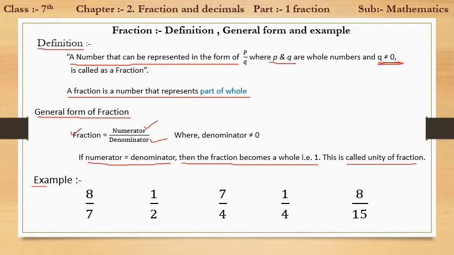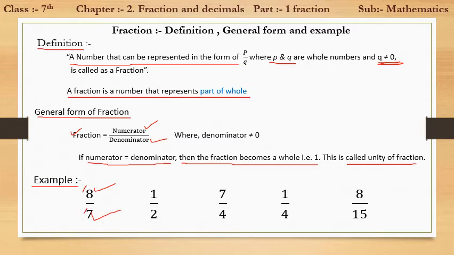Some examples of fractions are also there. 8 by 7, where 8 is the numerator and 7 is the denominator, which is in the form of p by q, where p and q are both whole numbers; 8 is a whole number and 7 is also a whole number, and 7 is not equal to 0.